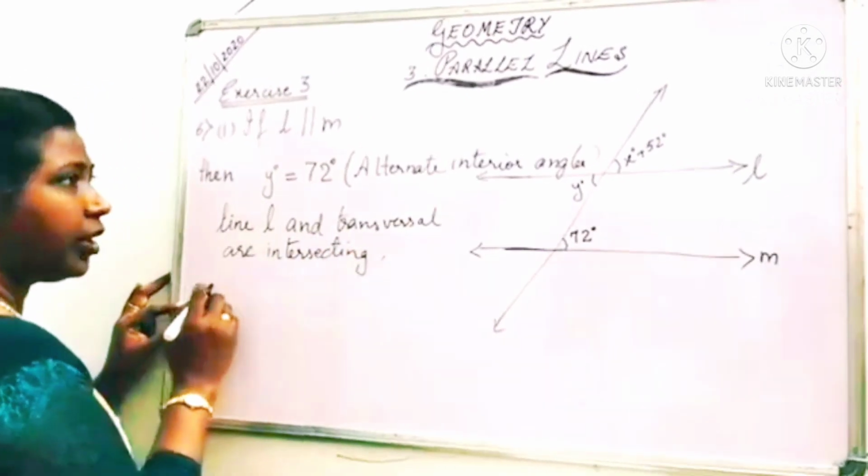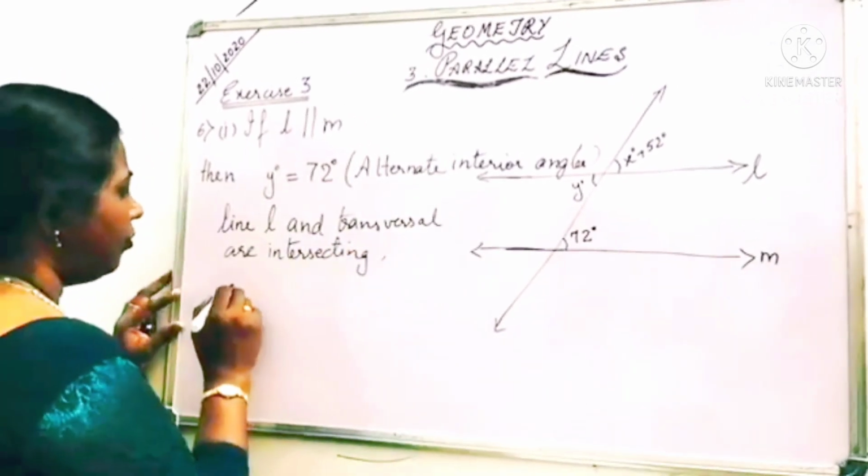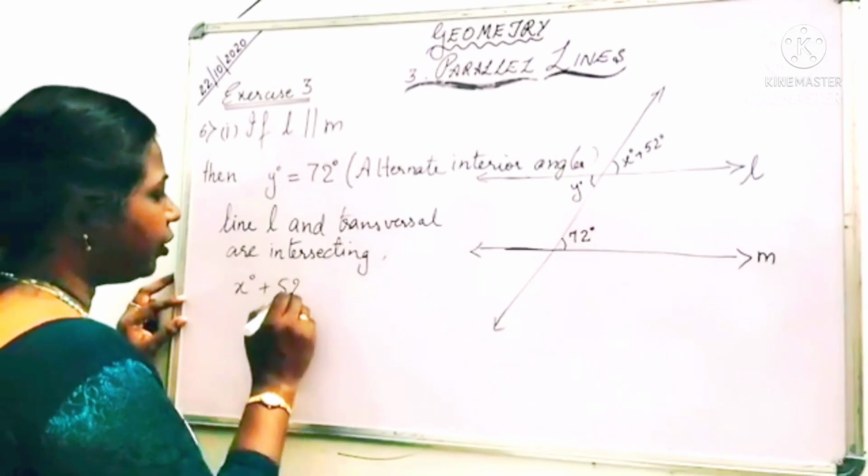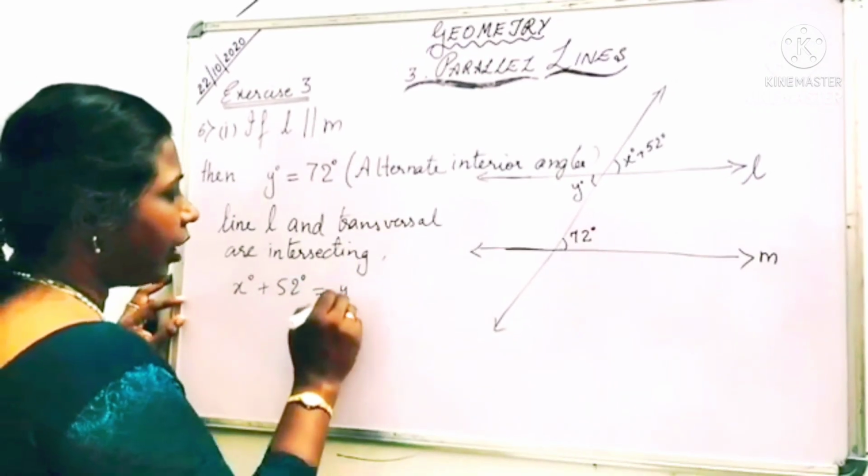That means we have to find out the value of x degree. So I will write x degree plus 52 degree is equal to y degree.